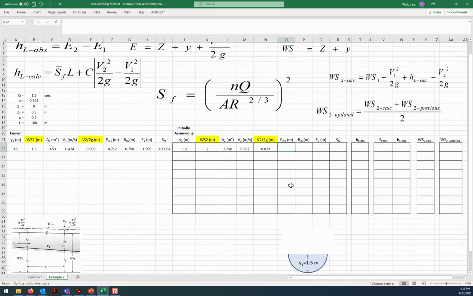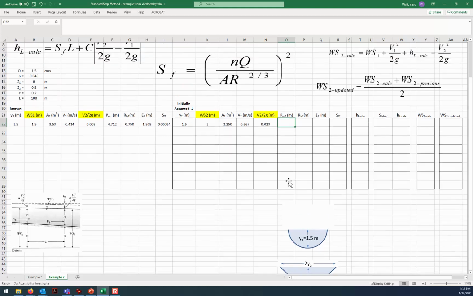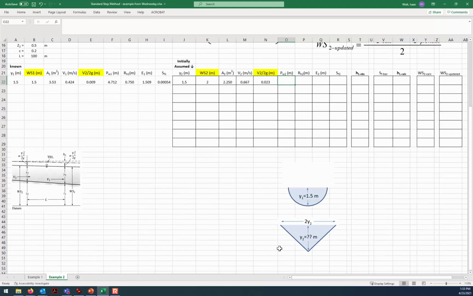Okay, wetted perimeter. Remember, this is the one where this is the hypotenuse of a triangle that is y on each side. So this length is the square root of y squared plus y squared. And then there's two of them, one on the left and one on the right.